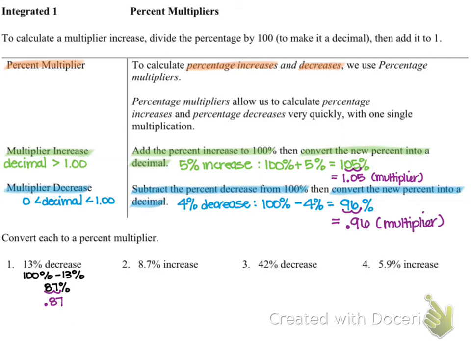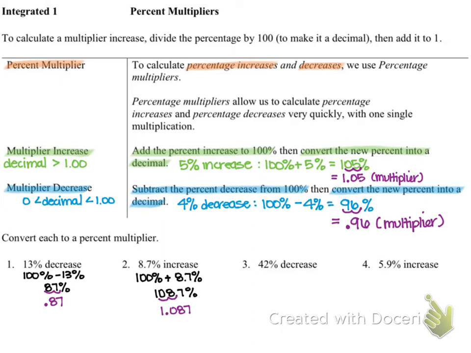All right, the next one, this is an increase. So start with 100%, and we're going to increase by that percent. So that would give me 108.7%. I see the decimal point this time, so I'm just going to slide it from where it currently is. It's going to be 1.087.